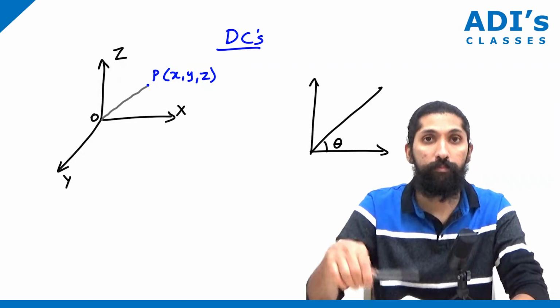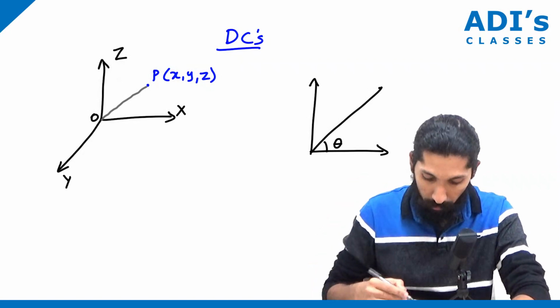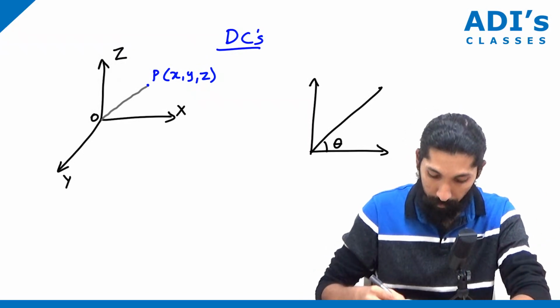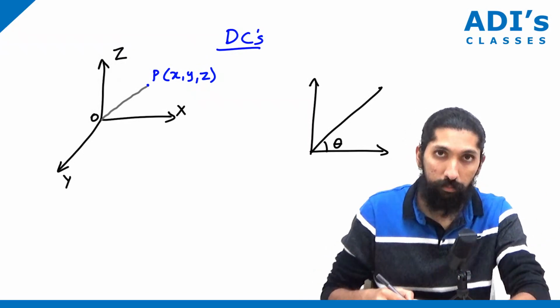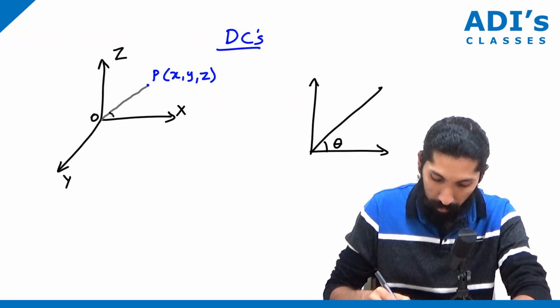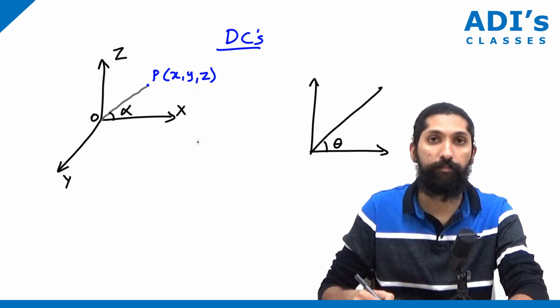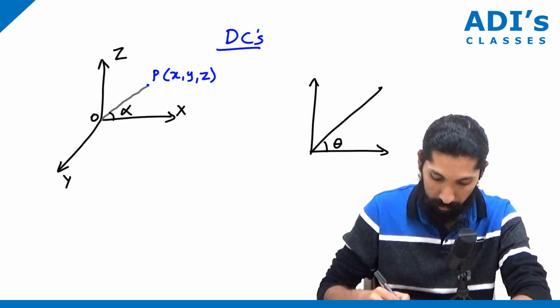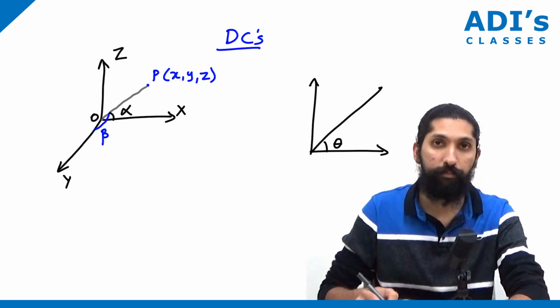Okay. Now, in this case, we have OP, a straight line from O to P, where O is the origin 0, 0, 0. With respect to the x-axis, it makes one angle. Let's call it alpha. With respect to the y-axis, it makes another angle like this. Let's call it beta.